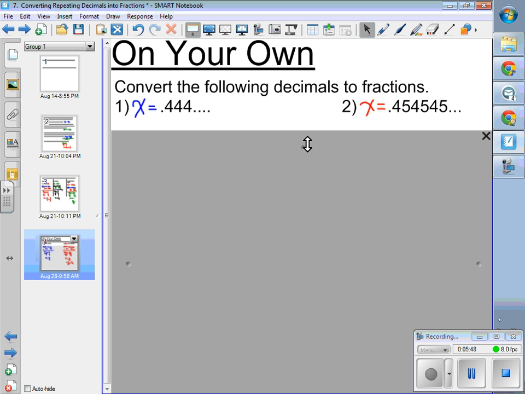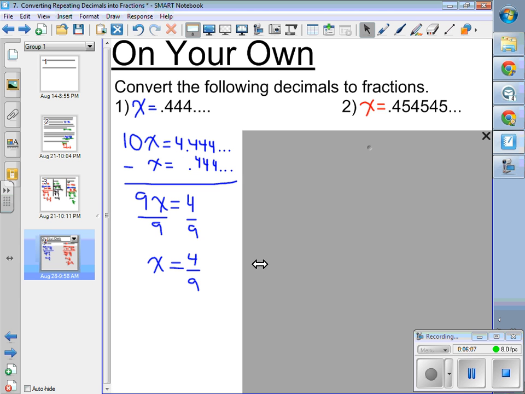To eliminate one more step, I put them here. So that's where I set them equal to x. Pause it, try these on your own, and then come back and see what you get. I will continue here, and you need to come back and check. I'm going to keep going.